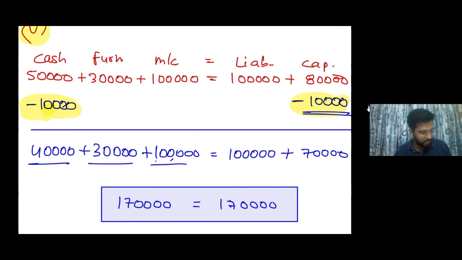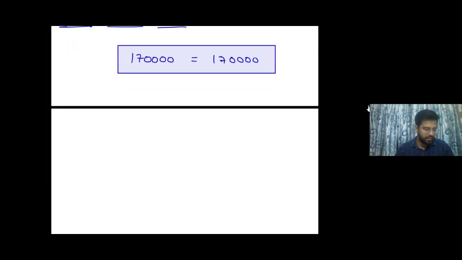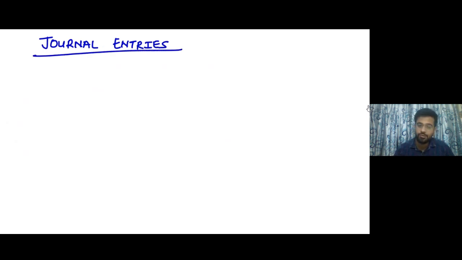Okay, great, perfect. Now let us talk about the journal entries. Today we are going to do the real life journal entries, which are the most important part when it comes to interviews, when you go for interviews as an accountant.